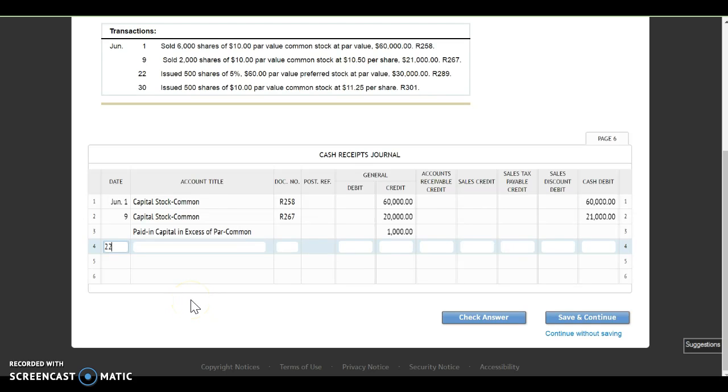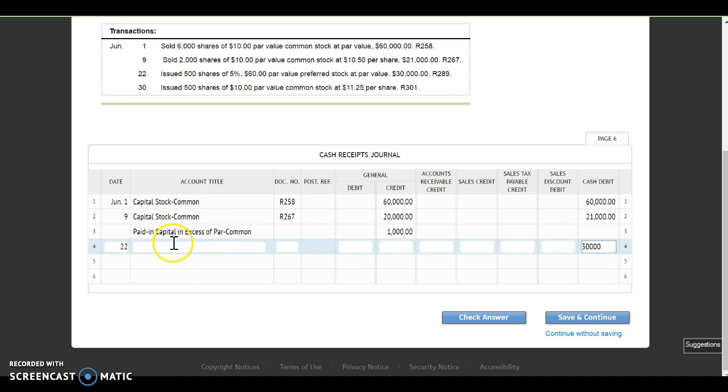Okay, 22nd. It says that we issued 500 shares of 5%, $60 par value preferred stock at par value for $30,000, receipt number 289. So first I'm going to put in my cash debit, how much cash I'm receiving. I'm receiving $30,000.